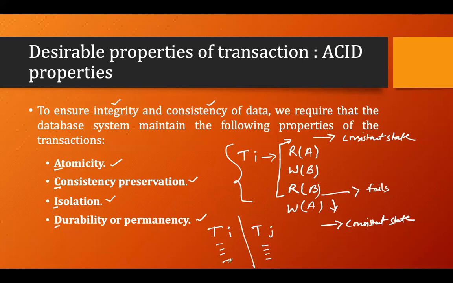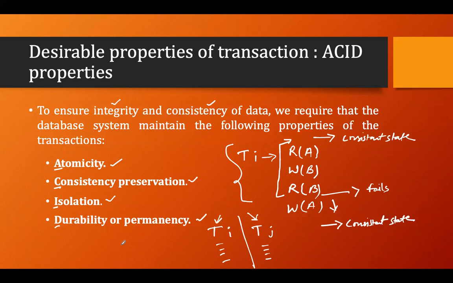It means if we have read and write operations here, and read and write operations here, these read and write operations will not affect the read and write operations of the other, and vice versa. Both transactions should be isolated and should not interfere in the operations of each other. That is called isolation.